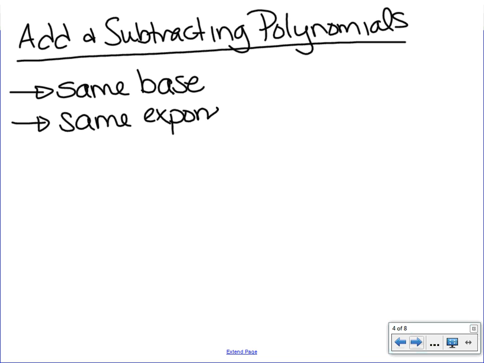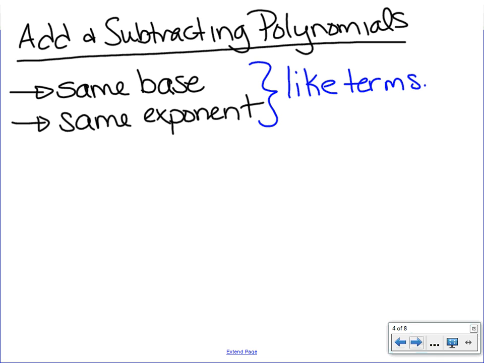And if they do, we give them the special name of being called like terms. We can only ever add and subtract like terms.